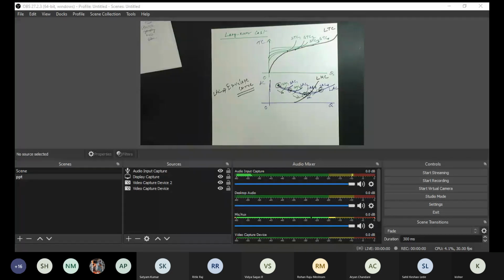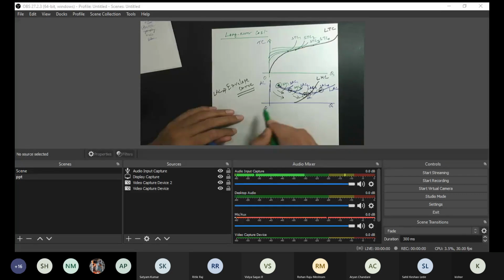When there is scope, you are indirectly claiming that you are only working at the negatively sloped portion, not at the minimum point. The moment you say minimum point, there is no scope, and that is not happening. So you are producing in the negatively sloped portion, which means there is always scope, and that is happening exactly in the modern cost concept.